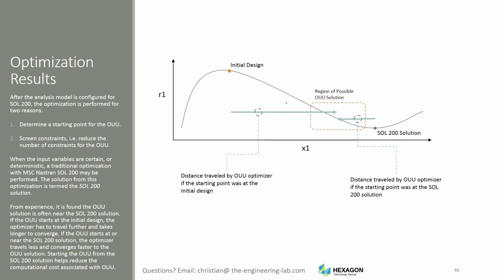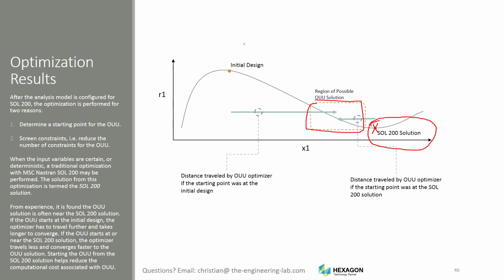So here, just to quickly sum up what I said. We want to select a good starting location for the OUU. What we are going to do is perform a Sol 200 optimization, and that solution is going to be the starting point for the OUU. This is because the optimizer during the OUU will have to travel a smaller distance to reach the OUU solution that is in this location.